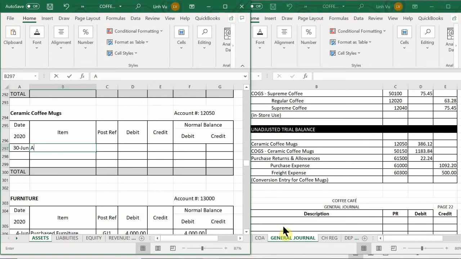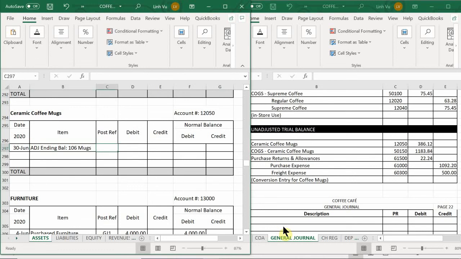I'm going to go ahead and make sure I put this as an adjustment entry. Ending balance. How many coffee mugs do you have left? 106 mugs. Okay.